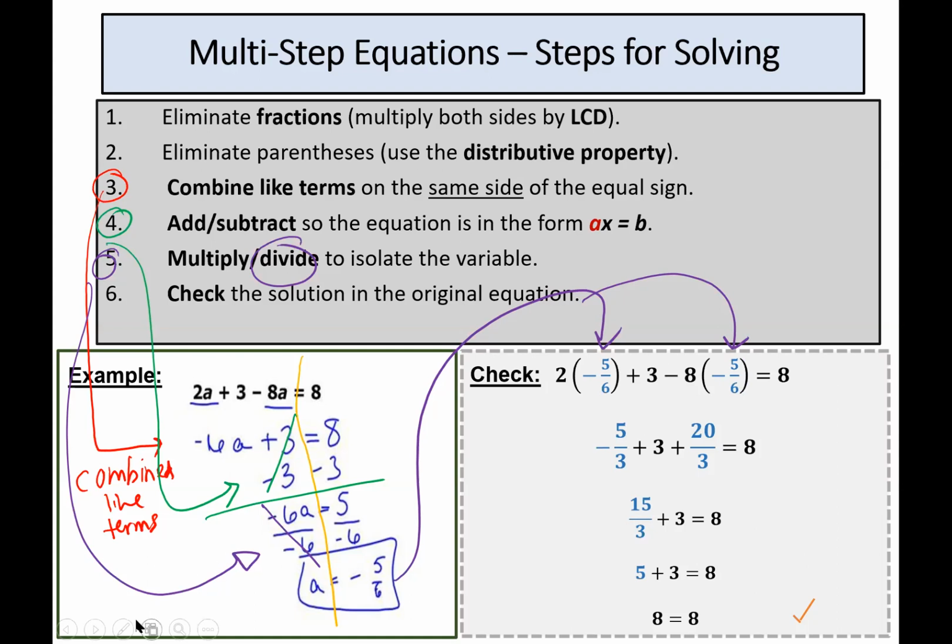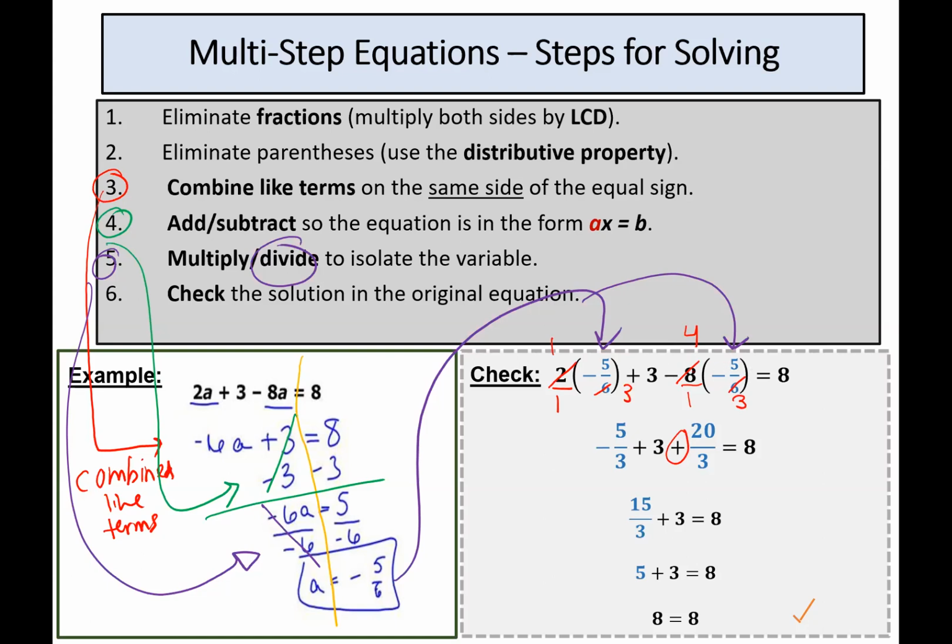So here's what's happened. 2 times negative 5/6, if you put the 2 over 1 and multiply across, the 2 and the 6 get reduced to 1 and 3, so it becomes negative 5/3. Let's see what's going on over here with the minus 8 parentheses negative 5/6. Negative times negative is positive, and then the 8 and the 6, if you put the 8 over 1, 8 and 6 have 2 in common, so I'm crossing out the 8 and writing 4, crossing out the 6 and writing 3.